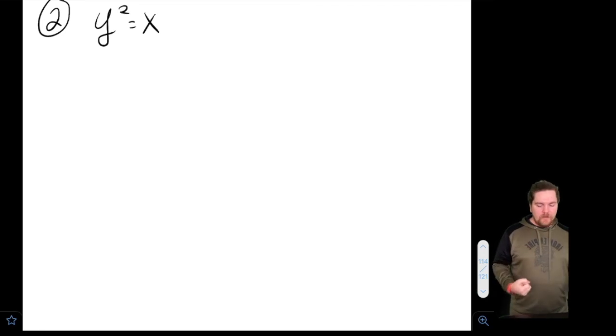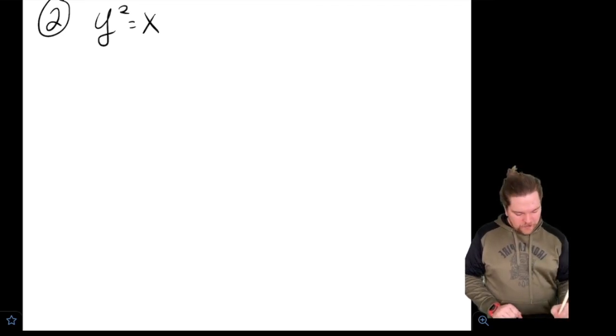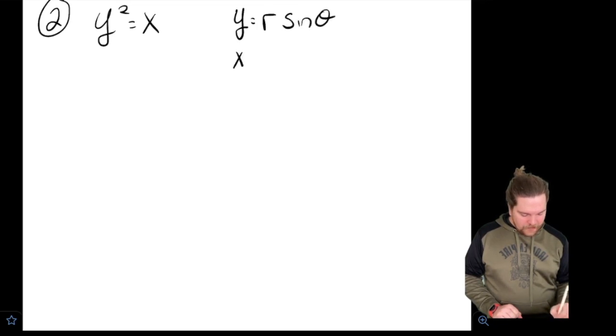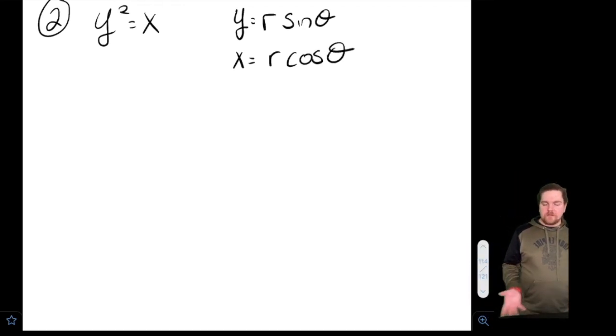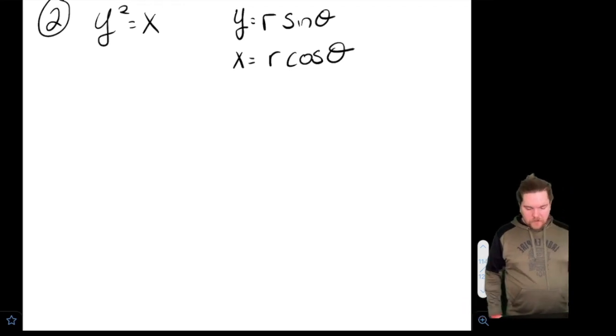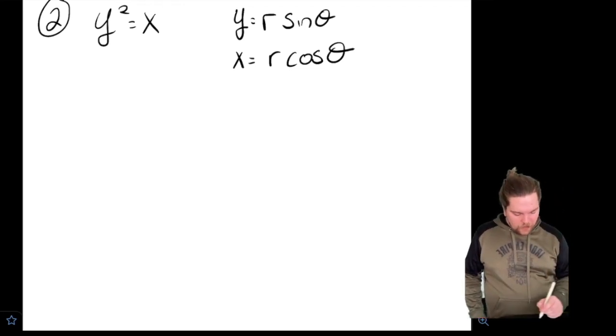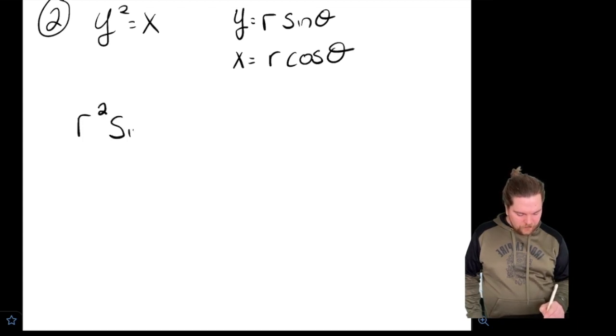The first thing that I want to make a note of here is that y is equal to r sine of theta, and x is equal to r cosine of theta. So maybe these substitutions will be helpful, maybe they won't. So let's go ahead and replace the y with an r sine of theta. That'll leave me with r squared sine squared of theta is going to be equal to x.